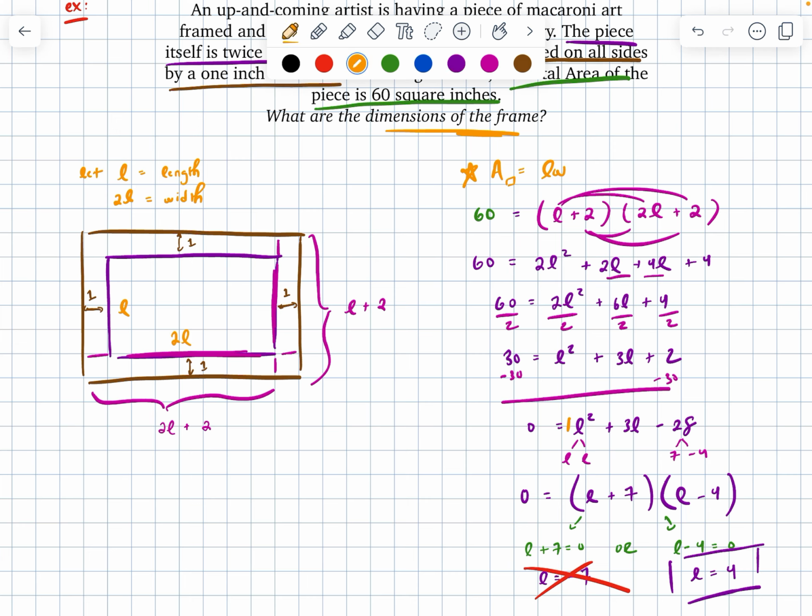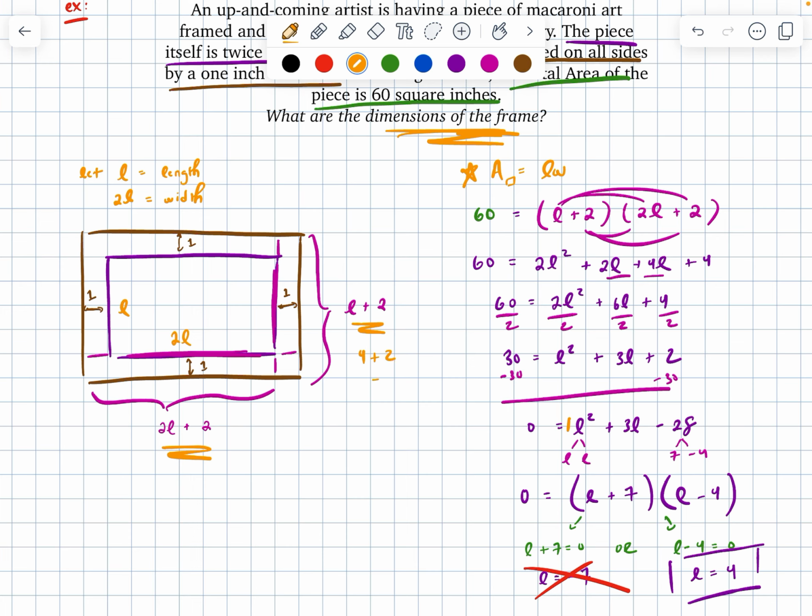So I know that L is 4, but now looking back at my problem, notice that I need the dimensions of the frame, not the length and width. So I'm going to take the stuff for my frame, the L plus 2 and the 2L plus 2, and calculate those values.